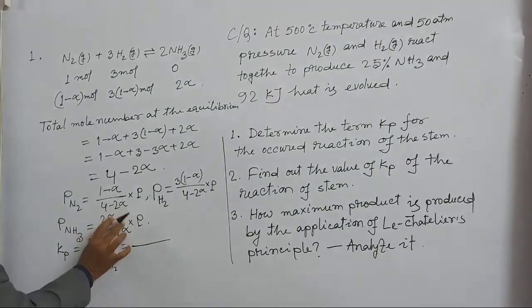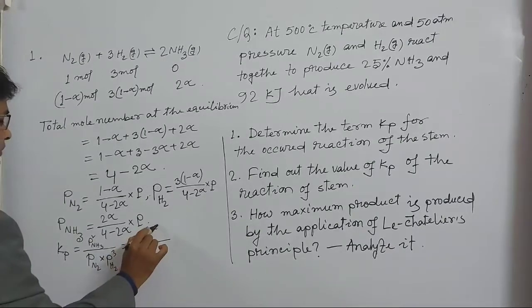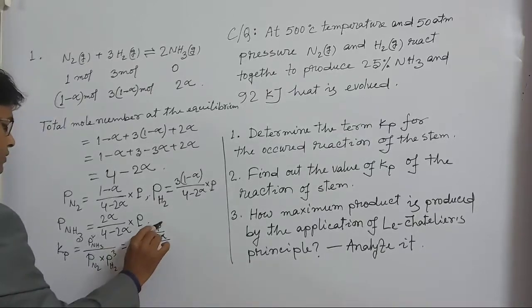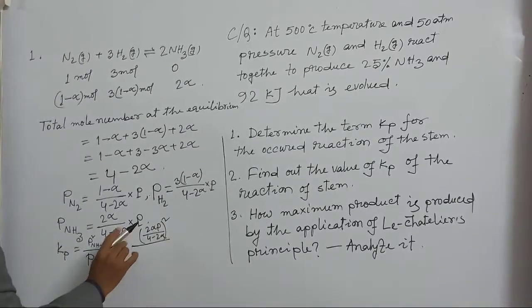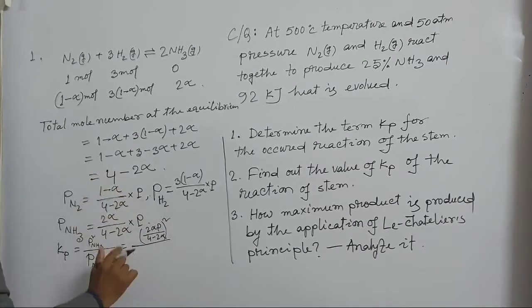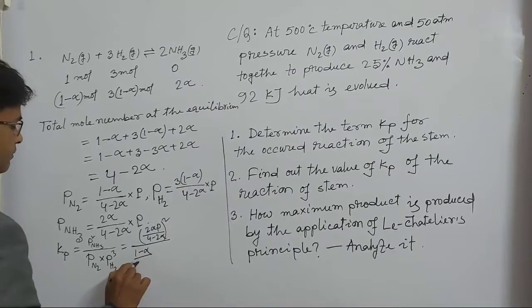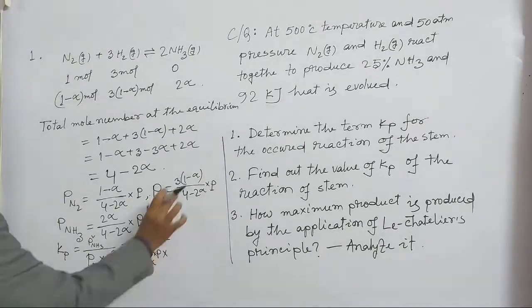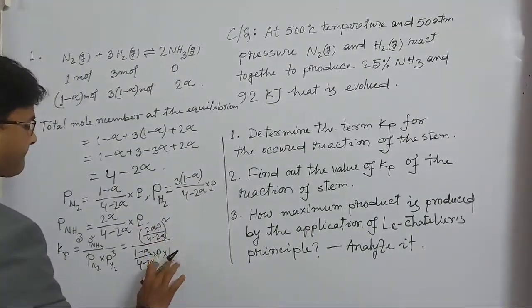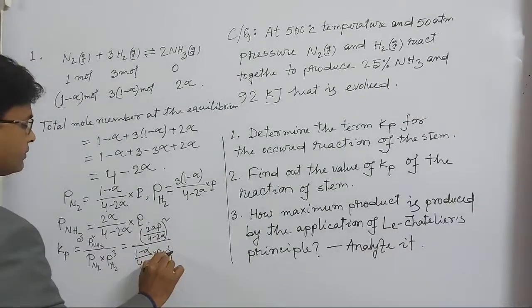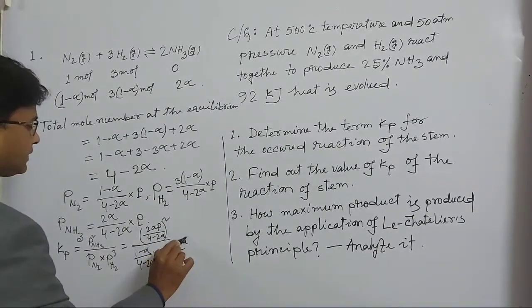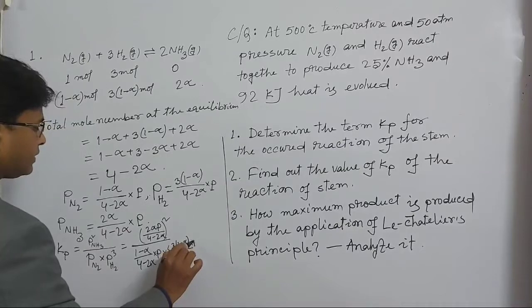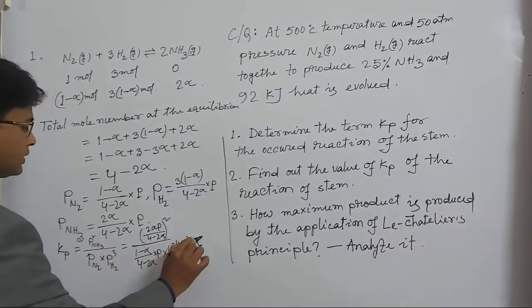Ammonia: 2 alpha P divided by 4 minus 2 alpha, whole squared, divided by 1 minus alpha divided by 4 minus 2 alpha into P, into 3 into 1 minus alpha divided by 4 minus 2 alpha into P, whole bracket cubed.